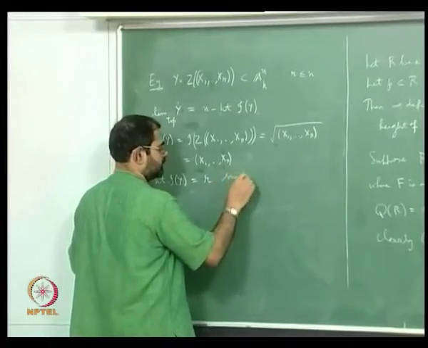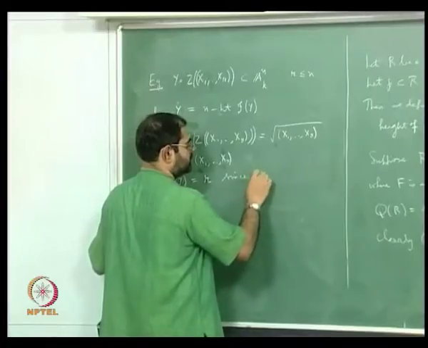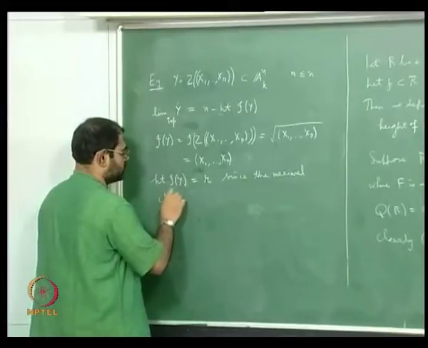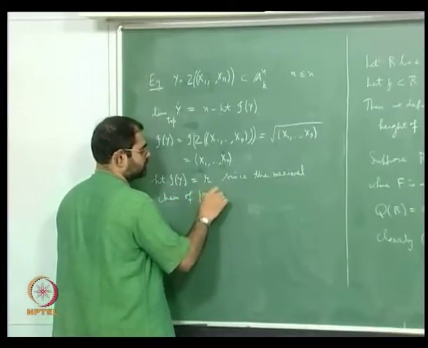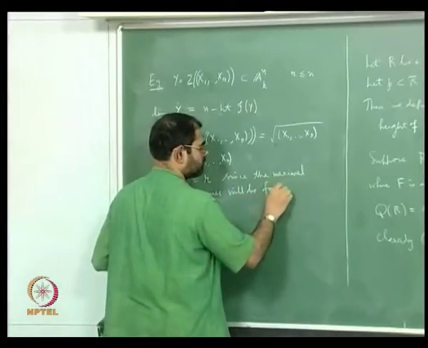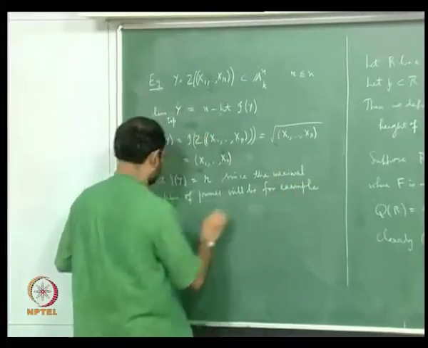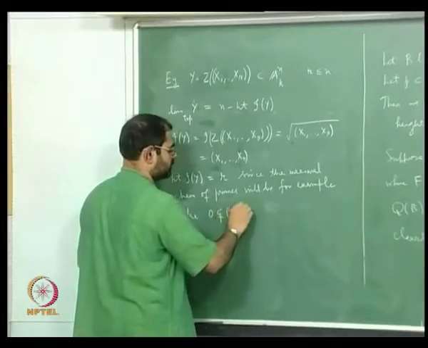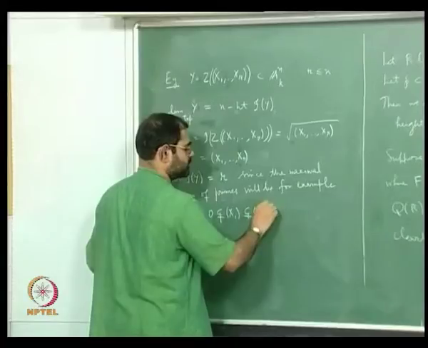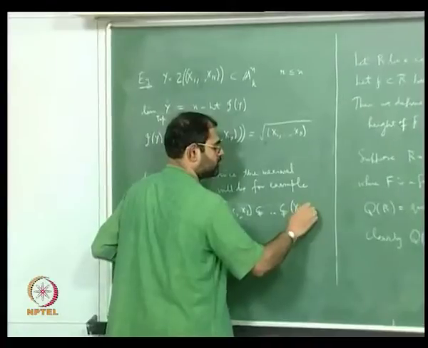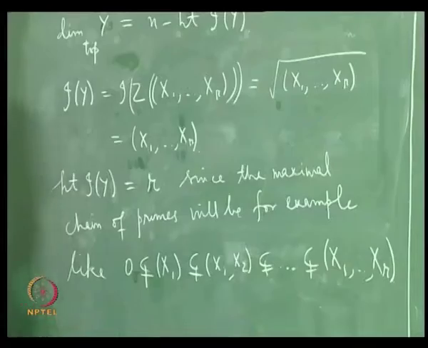A maximal chain of primes will be, for example, 0 properly contained in (x1), properly contained in (x1, x2), and so on up to (x1, ..., xr). So you will see that the height is r.